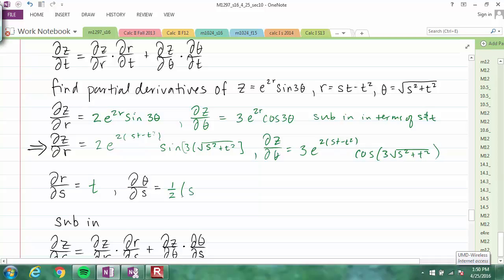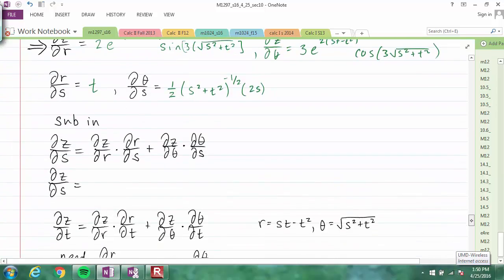So taking the derivative of theta with respect to s, bring down the 1/2, original inside. New power is negative 1/2. Chain rule, take the derivative of s squared plus t squared, and you just get 2s. So subbing in, we have a mess.